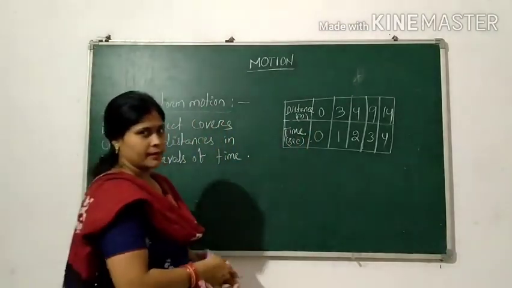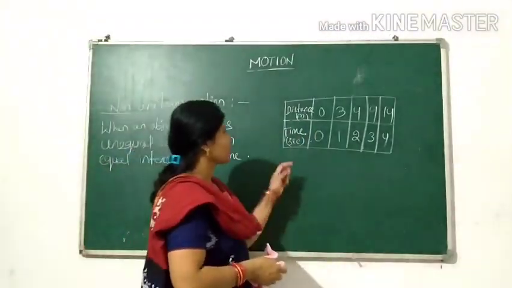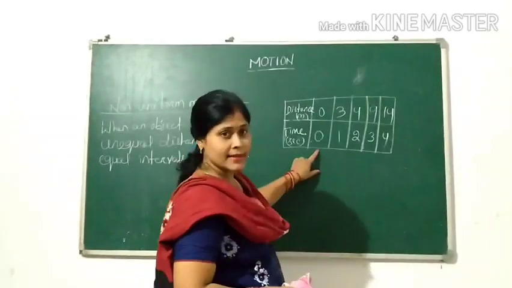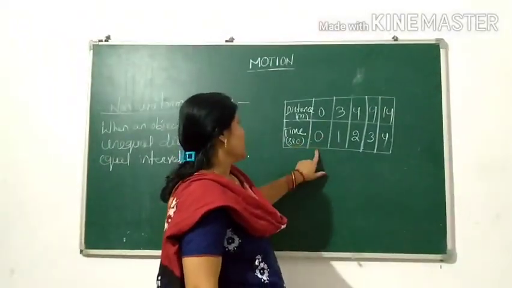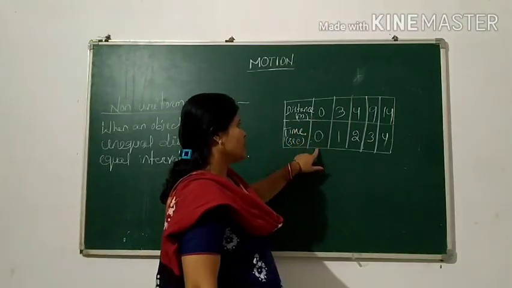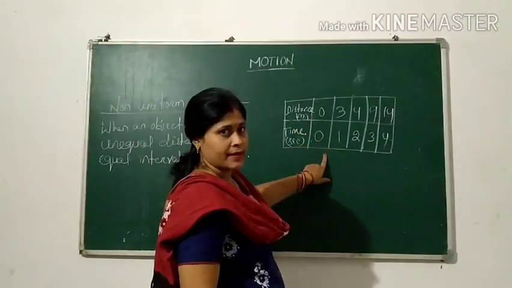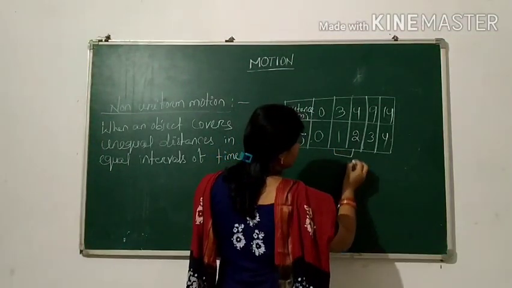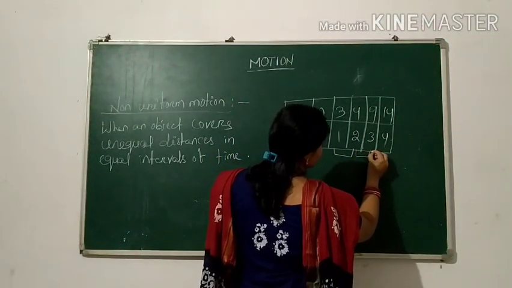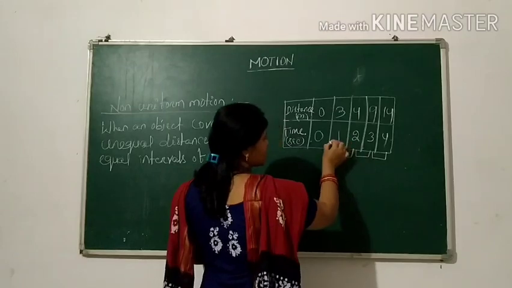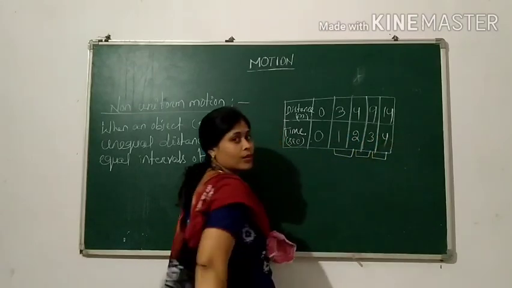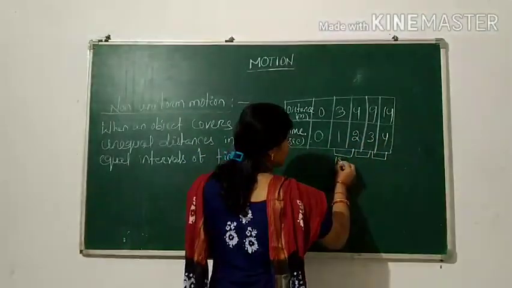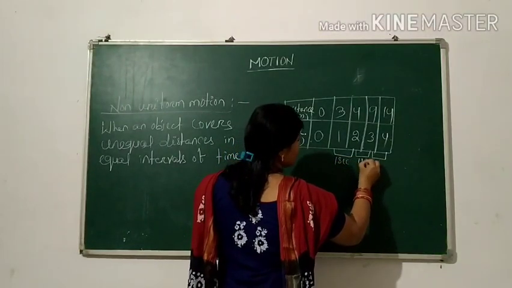So look at here. As I said earlier, distance traveled 0 means the body is at rest. Then look at the time interval in each case, 1, 2, 3, 4. So the time interval in each case is 1 second.